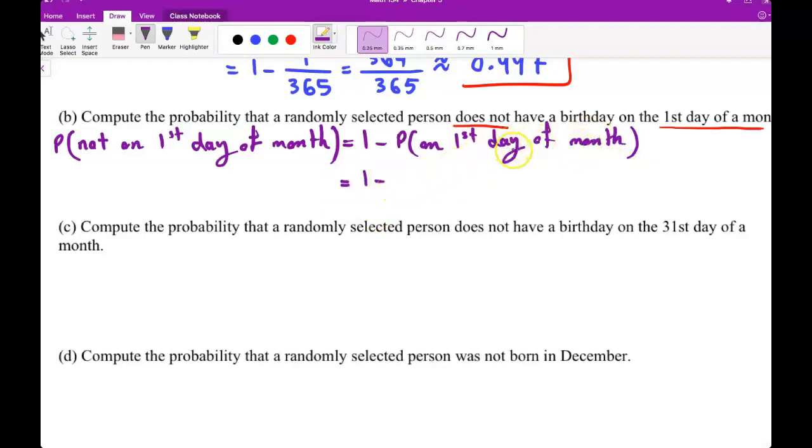Since we have 12 months, and it's first day of month, on top we have 12, and we have 365 days a year. So the answer is 0.967.